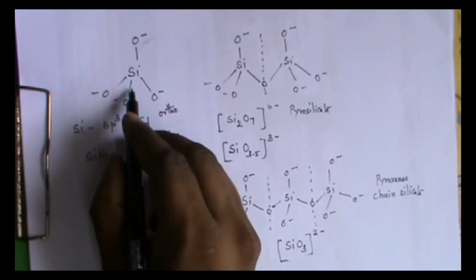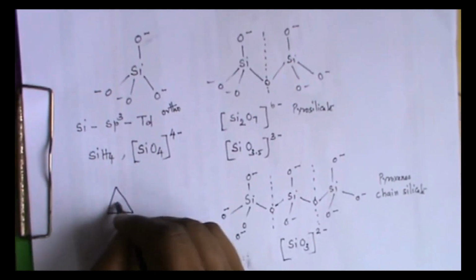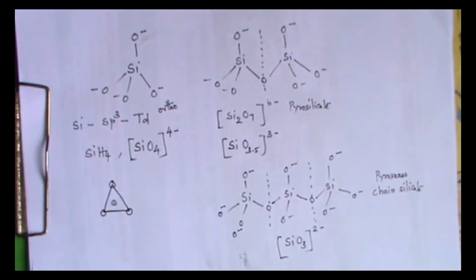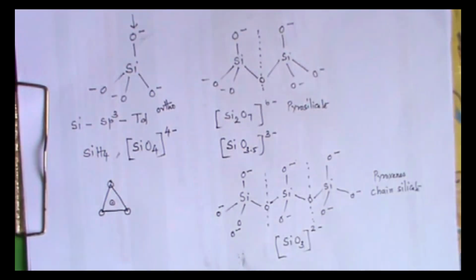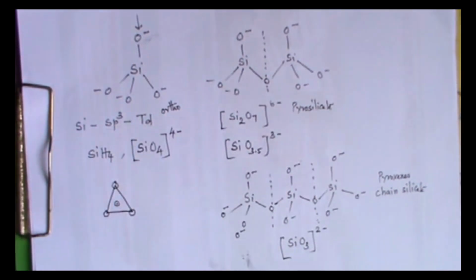To represent this structure, we write like this. If you view this molecule through this axis, this oxygen will be in the middle.